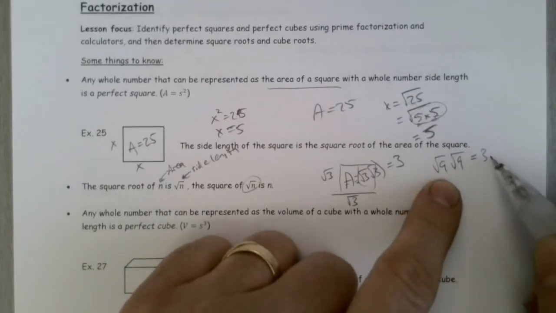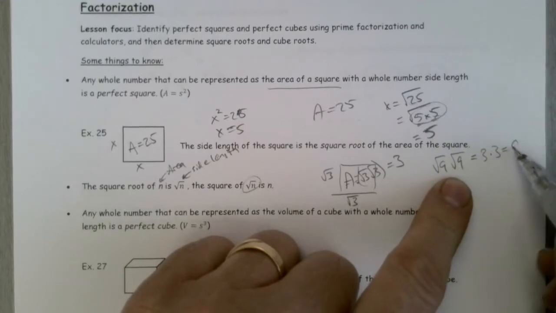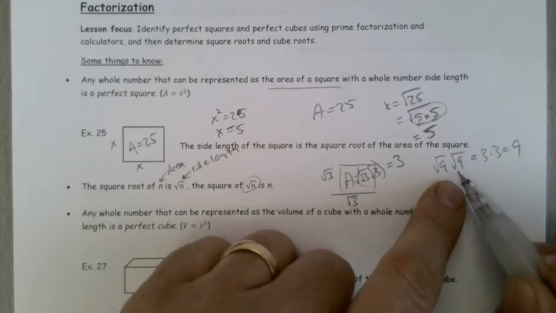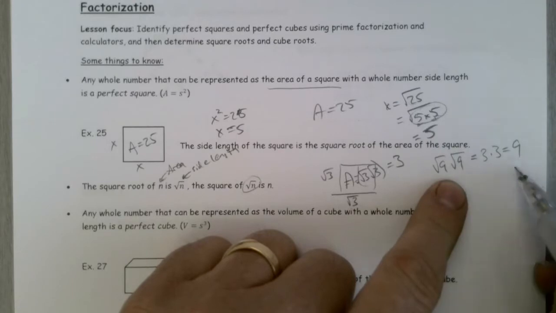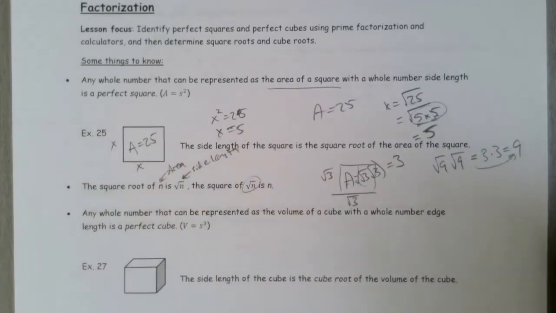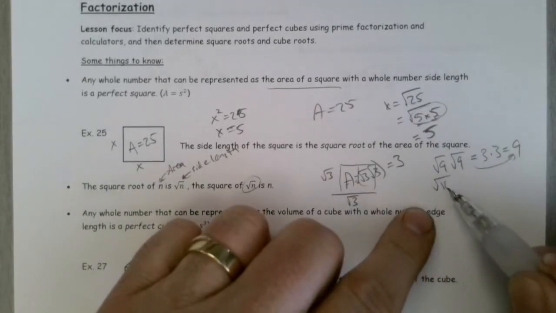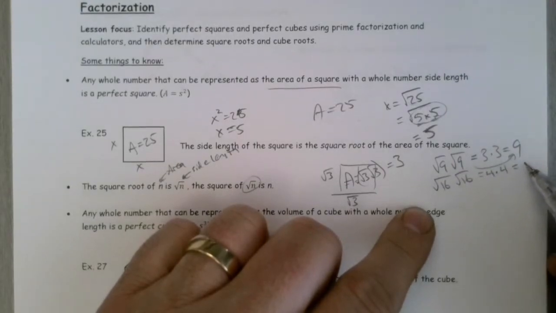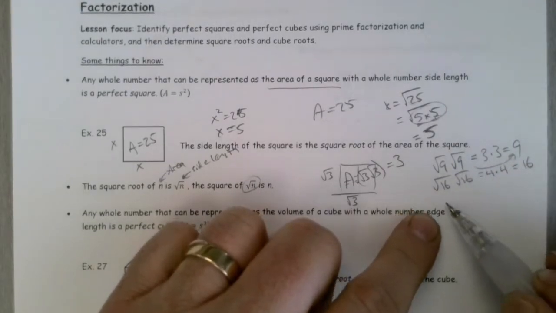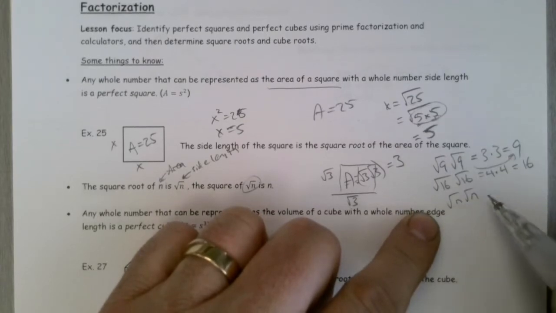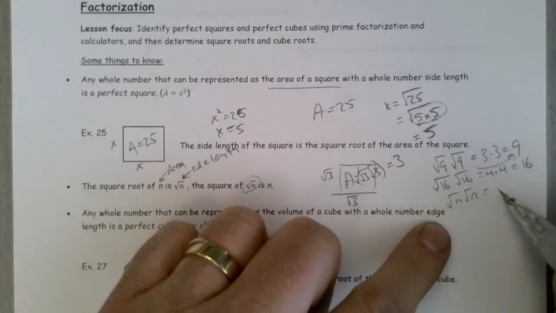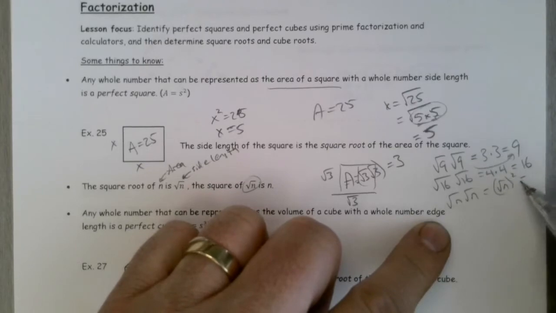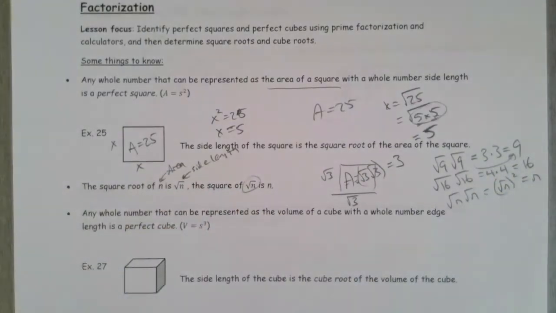The square root of 9 is 3, the square root of 9 is 3, and 3 times 3 is 9. So root 9 multiplied by root 9 is 9. If I did root 16 times root 16, well, that's going to be 4 times 4, which equals 16. So notice here, root n multiplied by root n, or root n squared, must equal n. That one there is maybe a little less obvious.